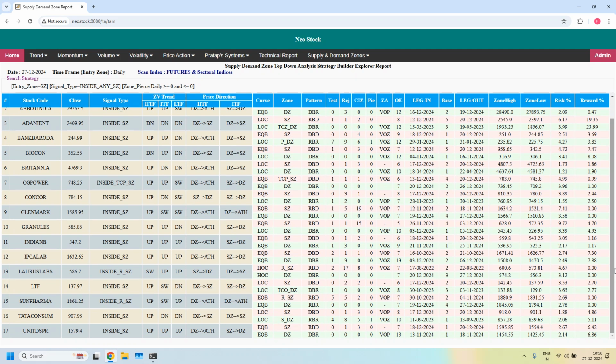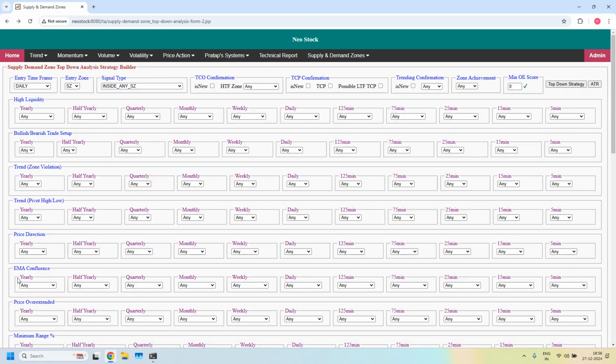We can further filter this list by adding the high probability parameter EMA Confluence on the supply zones. So in the EMA Confluence parameter at a daily time frame, I am enabling the filter daily supply zone with daily EMA Confluence, and also the trend on the daily time frame should not be sideways.